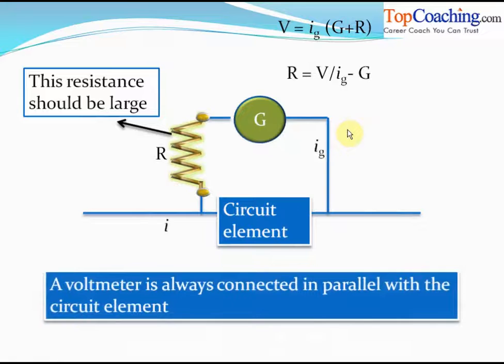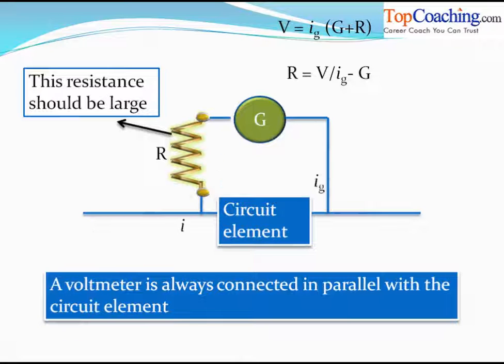A voltmeter is always connected in parallel with the circuit element, unlike an ammeter, which was connected in series with the circuit element. That is because, as we already know, the potential difference is the same in parallel. It is not the same across each element in series connections, isn't it?